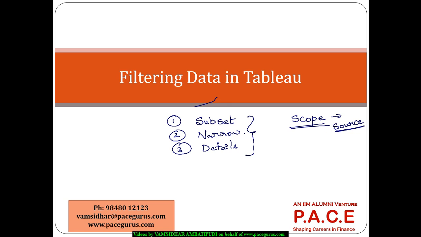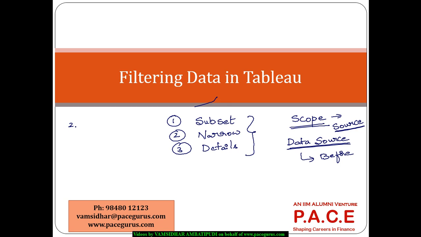Instead of extracting the whole data, I can pull only a part of it. Generally, these are called data source filters. They have to be applied before any other filter can be applied on the data. They are the first to be applied because they are limiting the scope of the entire data.